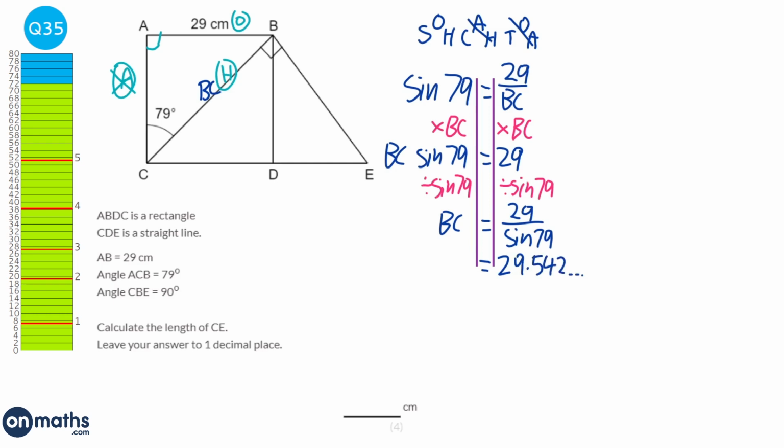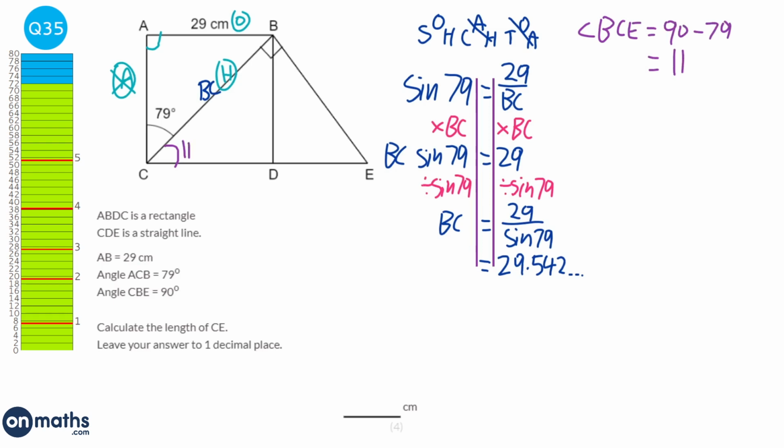Okay, so next thing we need to figure out is angle BCE. So where are we? This angle here. To work that out, we're just going to take 79 away from 90. So angle BCE is 90 take away 79, and that's going to be 11.